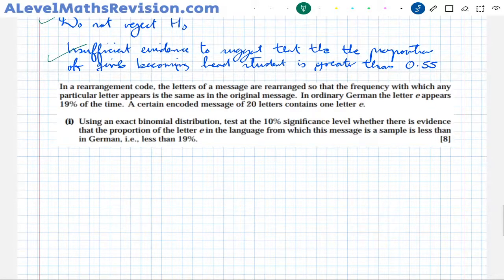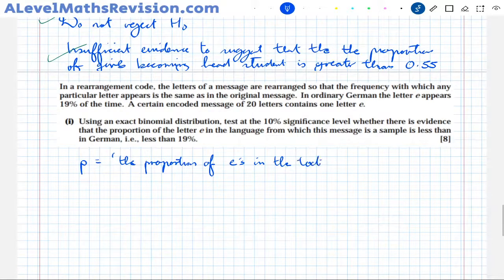Right, so remember to define what it is we're testing. So P equals the proportion of e's in the text.